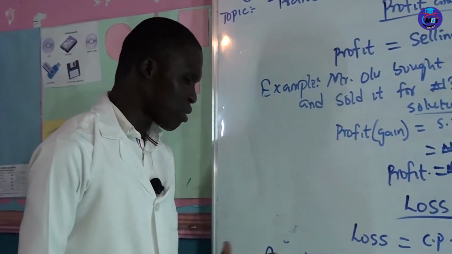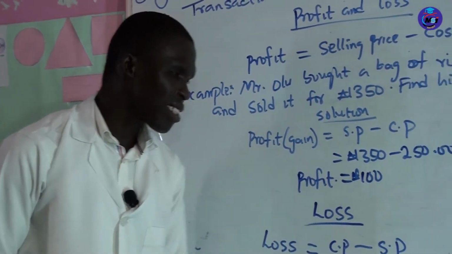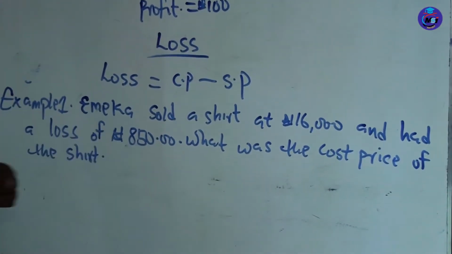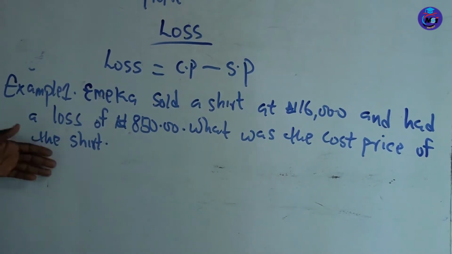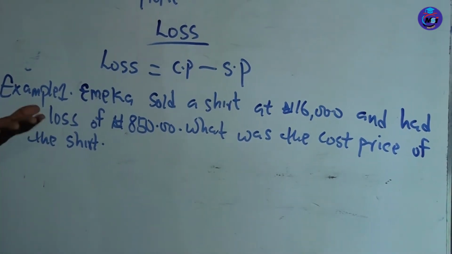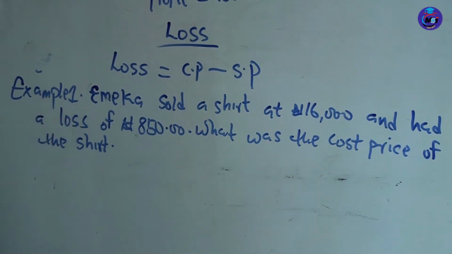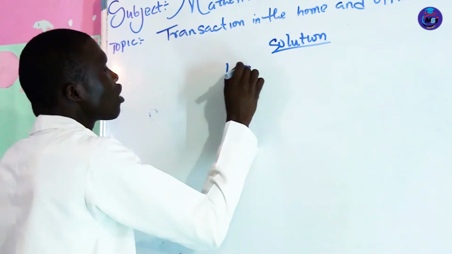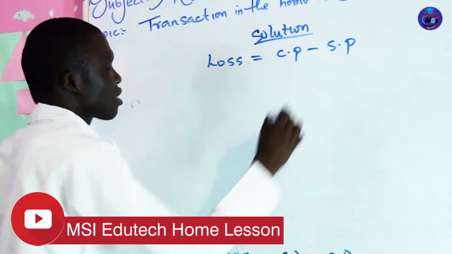Let's look at this example. Emeka sold a shirt at 16,000 naira and had a loss of 850 naira. What was the cost price of the shirt? Let's see what happened to the cost price of the shirt. You need to know that loss equals cost price minus selling price.